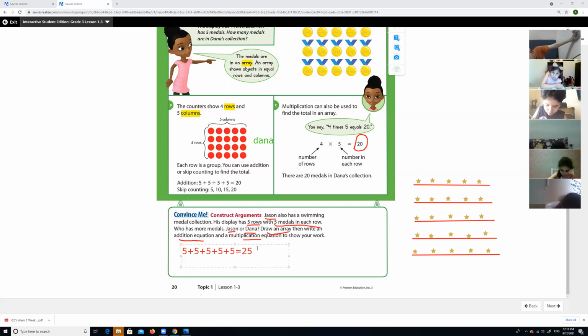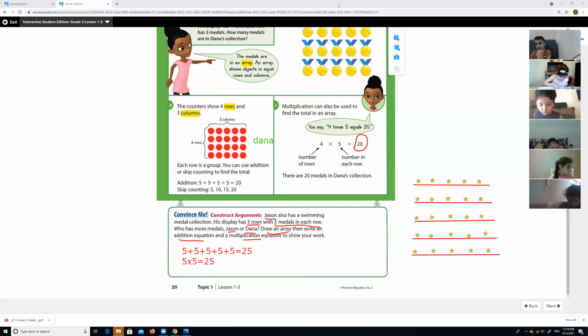Can you write multiplication equation? Okay. Number of rows times how many in each row? What is the number of rows? 5. Times how many in each row? 5. So 5 times 5 equal? 25. Excellent.